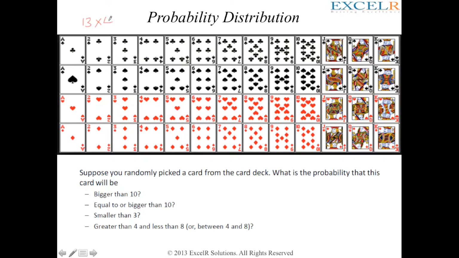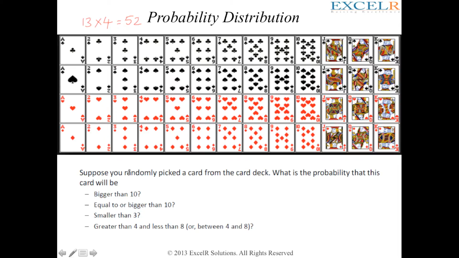So the total number of cards would be equivalent to 52. And you have 4 A's. If you look into A, you have 4 A's in the entire 52. You will have four cards with the number 2, four cards with the number 3, four cards with the number 4, so on and so forth.